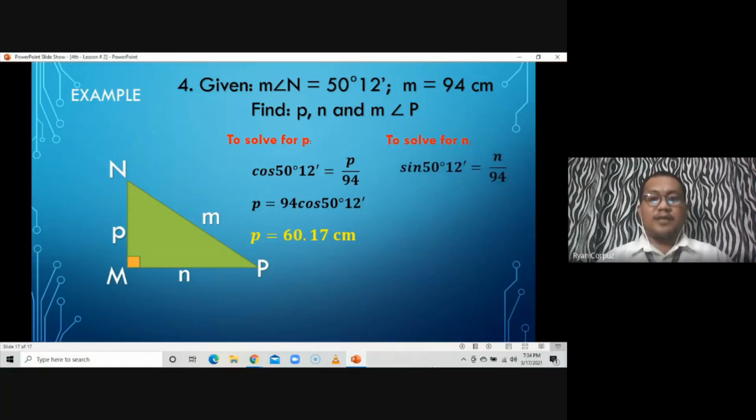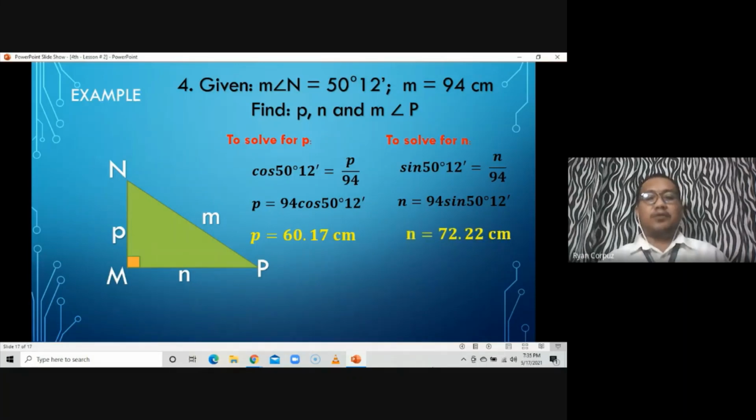So, we'll come up with sine 50 degrees, 12 minutes is equal to N over 94. Then, cross multiply again, magkakaroon tayo ng N is equal to 94 sine 50 degrees, 12 minutes. So, ganun din. So, to solve for N, press 94 times, press sine, then 50 DMS, 12 DMS, then press equals. You'll end up with the value of N, which is equal to 72.22 centimeters.